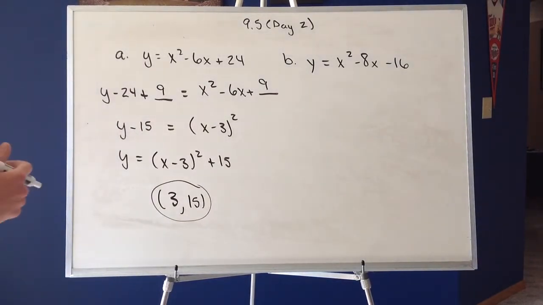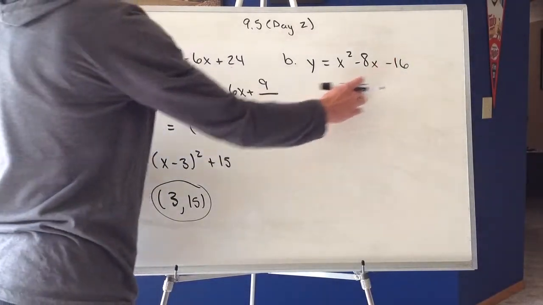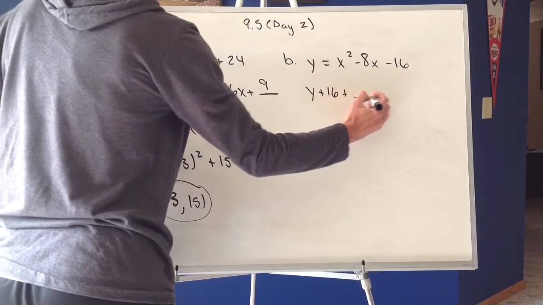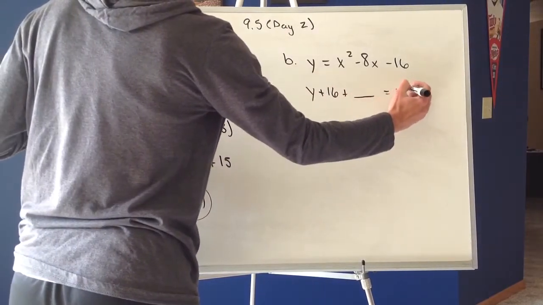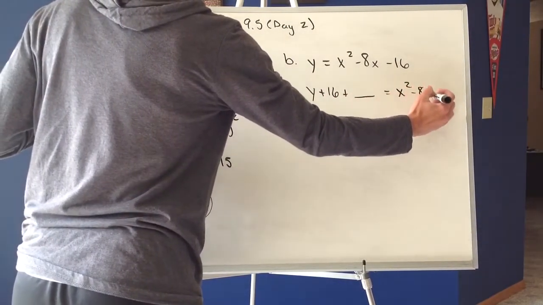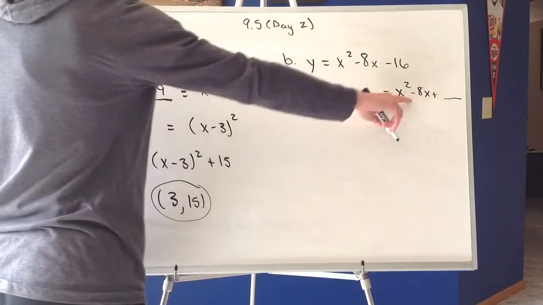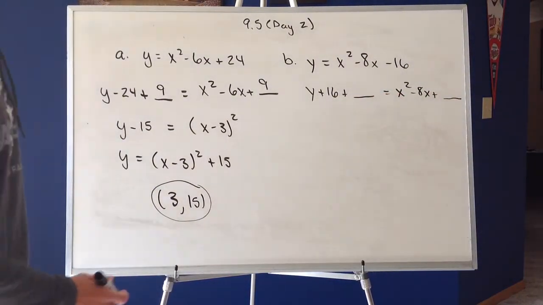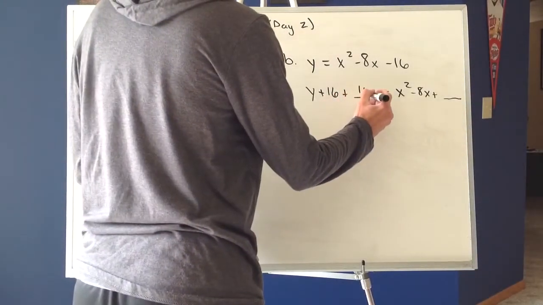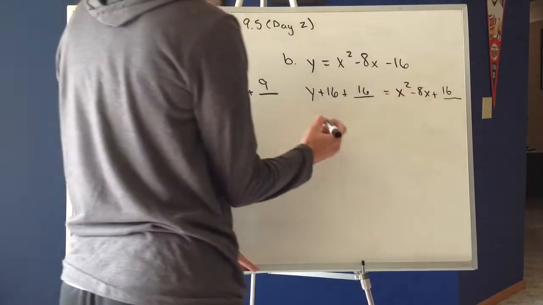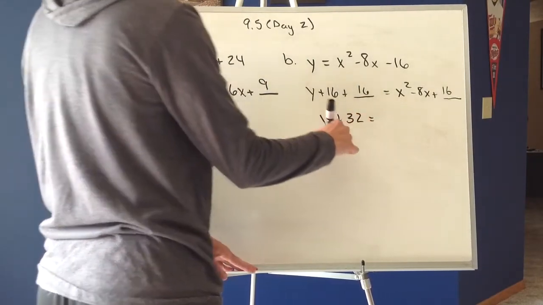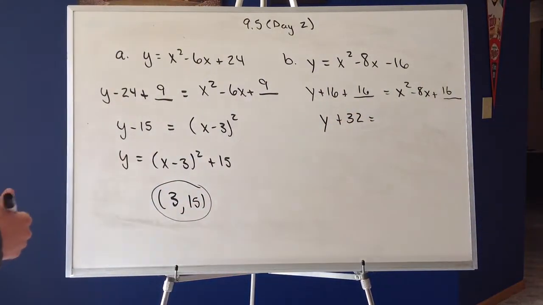So let's look at a couple more of them here. Same idea on this one. Get the 16 to the other side, and then leave your blank. So we'll do negative 8 divided by 2 is negative 4. Negative 4 squared is 16. So on this side, we end up with y plus 32.